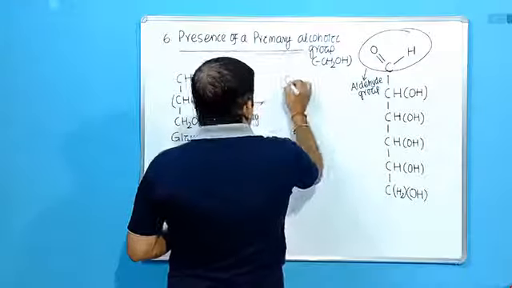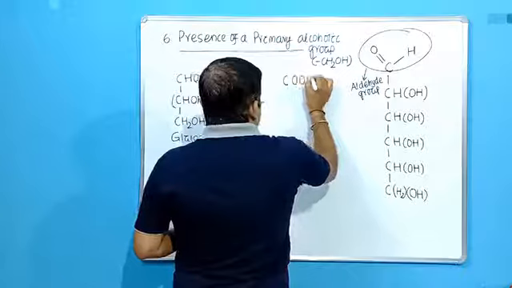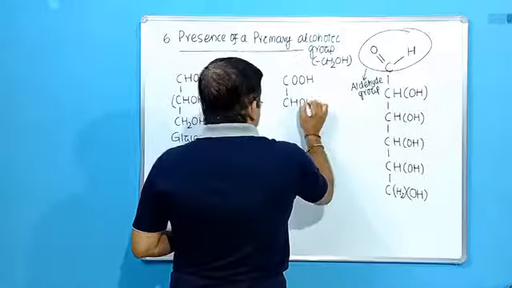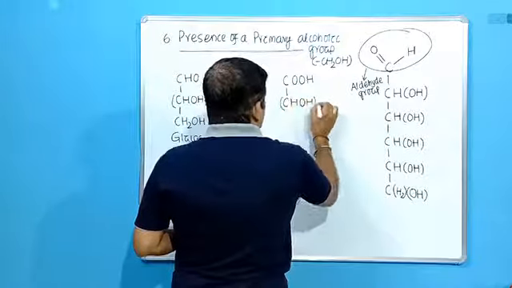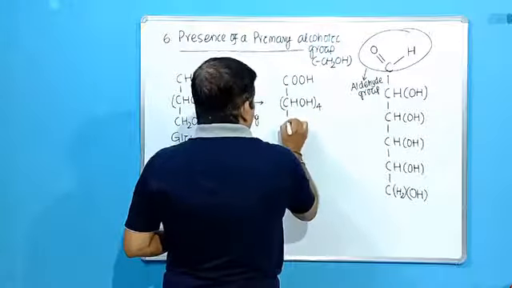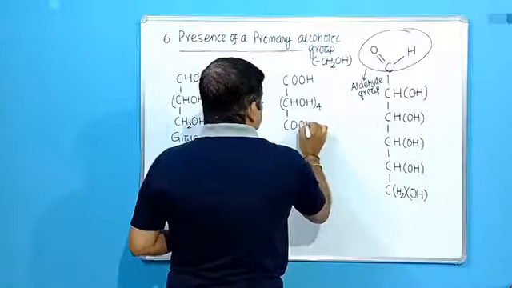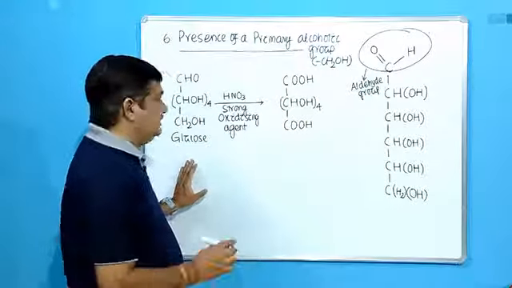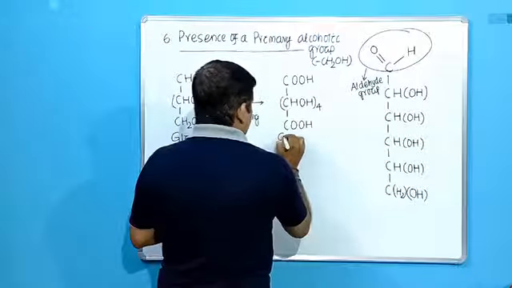See what is in it. The CHO becomes COOH, gluconic acid, then CHOH whole 4 remains unchanged, and the terminal CH2OH also becomes COOH. So this is aldaric acid, and because the aldose is glucose here, it will be glucaric acid.